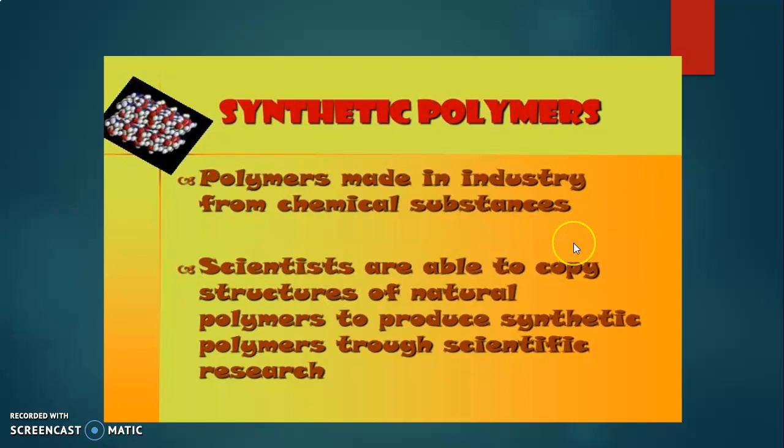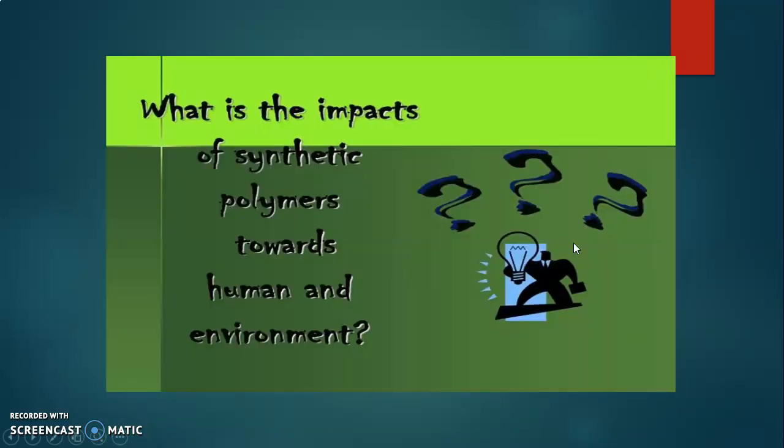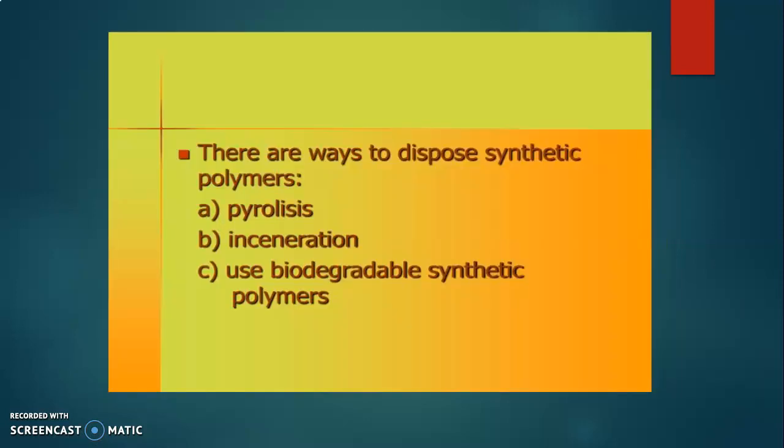Okay, so how do we manage to dispose of all these polymers? What is the impact of synthetic polymers on human and environment? Of course, it has a big impact on humans and the environment. So we need to find several ways to dispose of synthetic polymers.